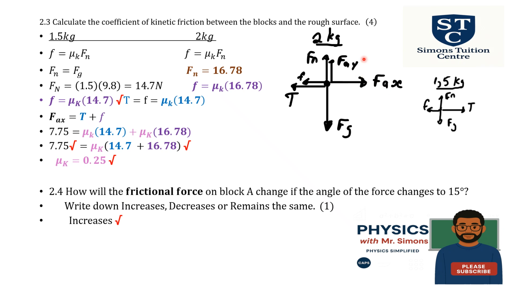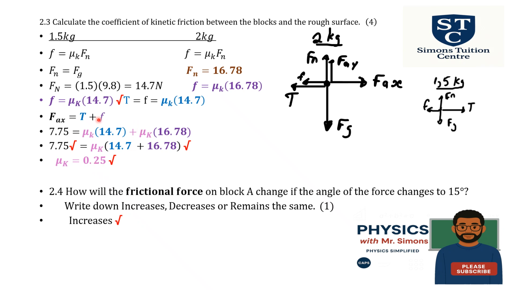Fax we got in the previous problem, 2.1, is 7.75 newtons. Tension, mu k 14.7, friction, mu k 16.78. So take out the common factor, mu k, and I'm left with 14.7 plus 16.78. If we add that, that would give me 31.48. So 7.75 divided by 31.48 gives me then 0.25.